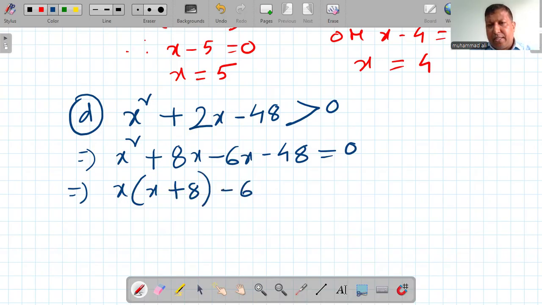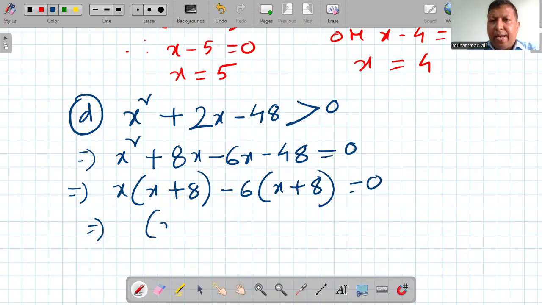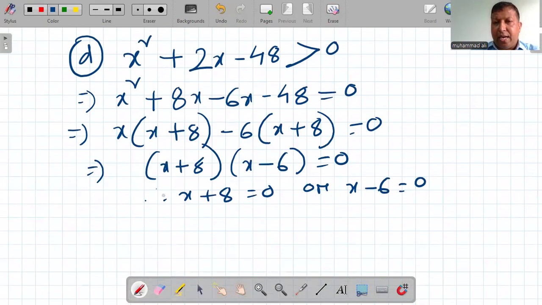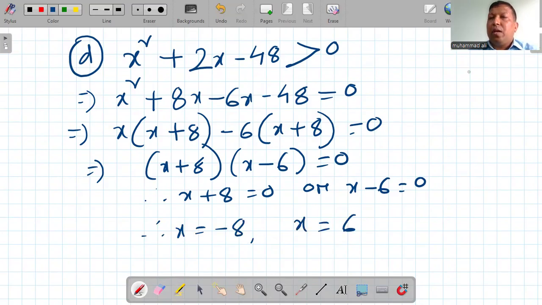Now take minus 6 common, x plus 8 equals 0. So x plus 8 times x minus 6 equals 0. Therefore, x plus 8 equals 0 or x minus 6 equals 0. Now, finally, we get x equals minus 8 or x equals 6.